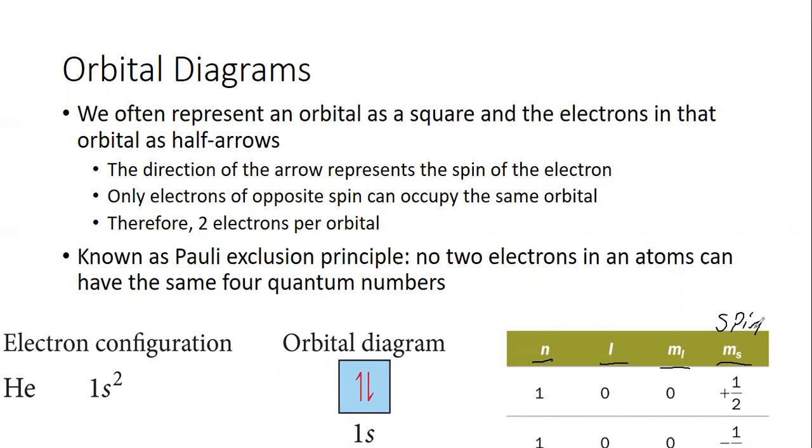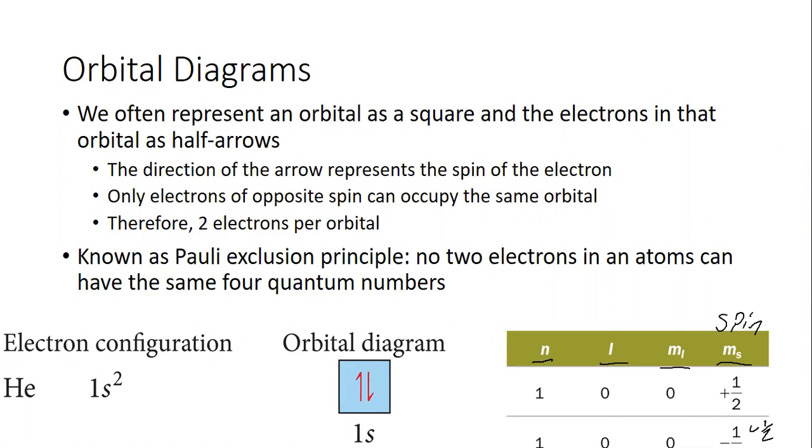And there's only two spins, spin up or spin down. They get numbers of plus 1/2, and this says minus 1/2 on the bottom. Not that important to know plus 1/2, minus 1/2. Just need to know there are two different values.